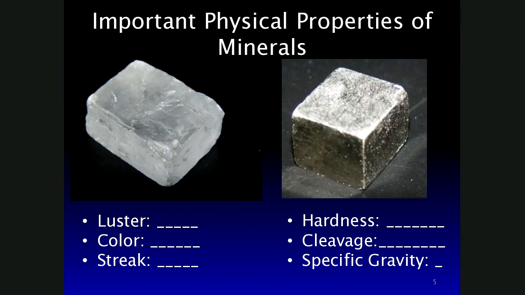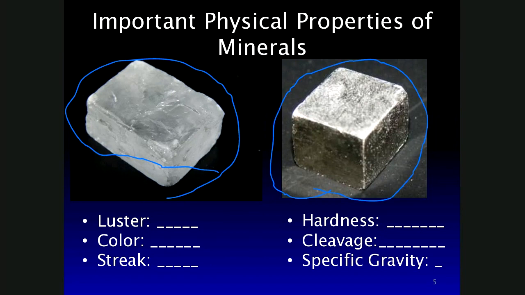Cleavage. Cleavage is the ability of minerals to break in a predictable manner along flat, smooth planes. For example, if I break this mineral right here, it may be possible for me to get similar shaped, rectangle shaped fragments from it. If I break this mineral, it will never break in a predictable manner. The one to the left breaks in a predictable manner with flat, smooth planes.